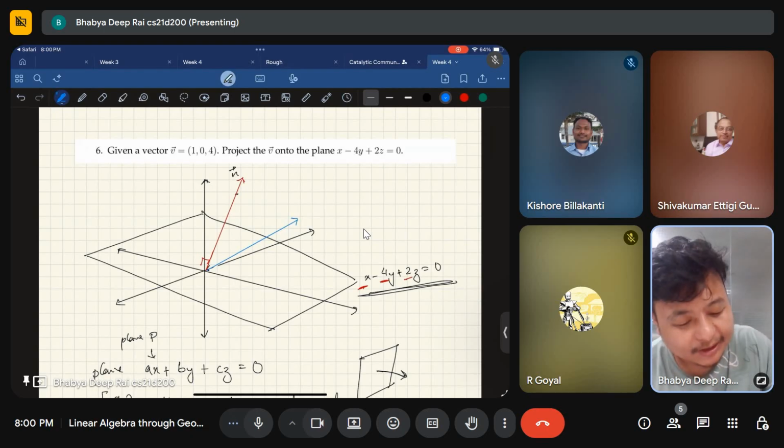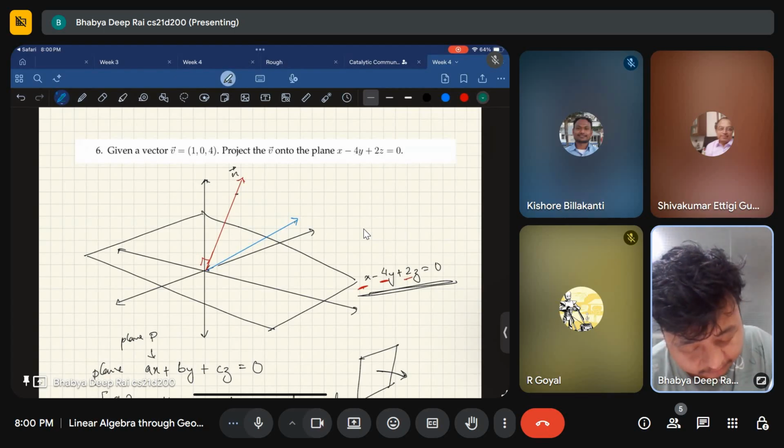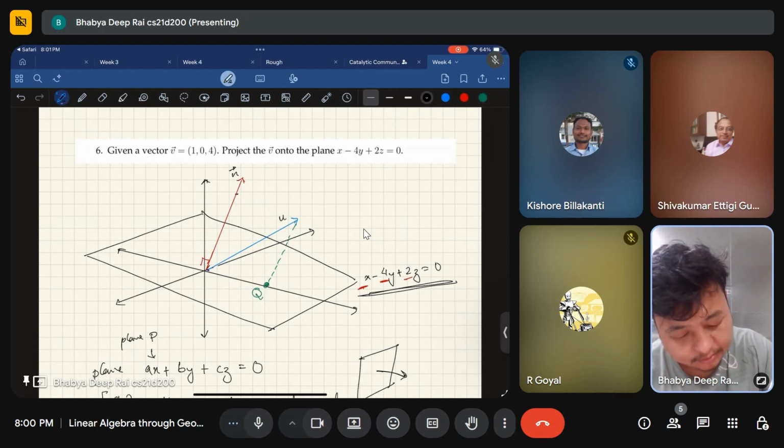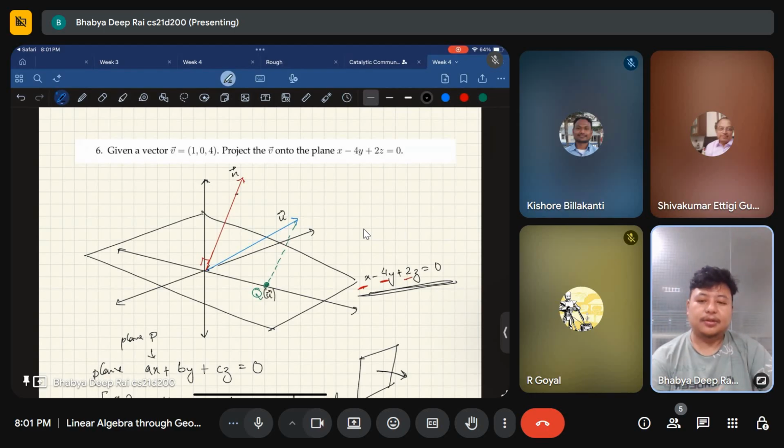What do I want? I want its shadow on the plane. And this is my point Q, Q of u. This I want.